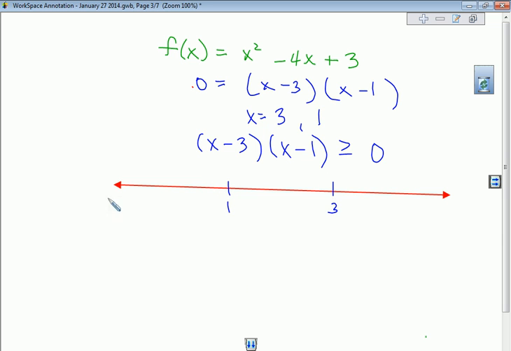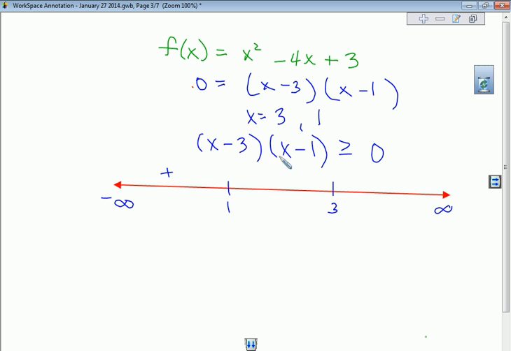And then what we did was we tested values in the different intervals. So the first interval would be from negative infinity to 1, so we picked something like 0. If I tested 0, I get a negative times a negative, which is a positive. Then we test something in the interval from 1 to 3, like 2.